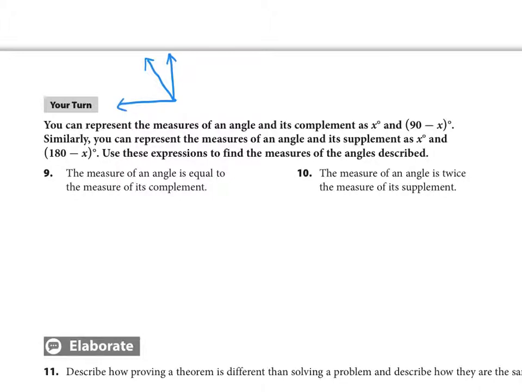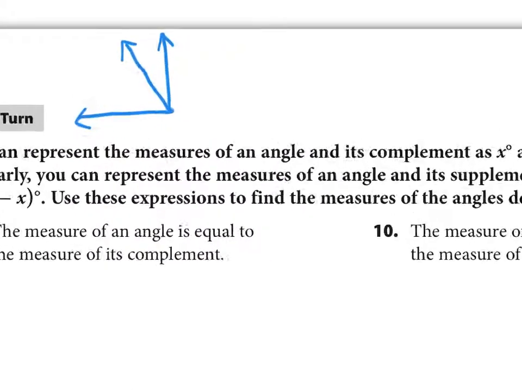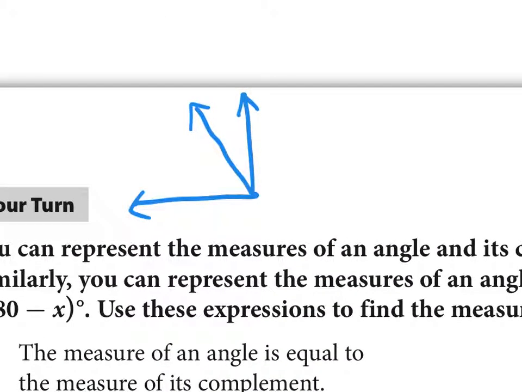On the other hand, if I were to just tell you that one of the angles is x degrees, then in order to find its complement, we just take x and subtract it from 90. So that means the other angle is just 90 minus x degrees. Because x plus the other angle, which is 90 minus x, right?